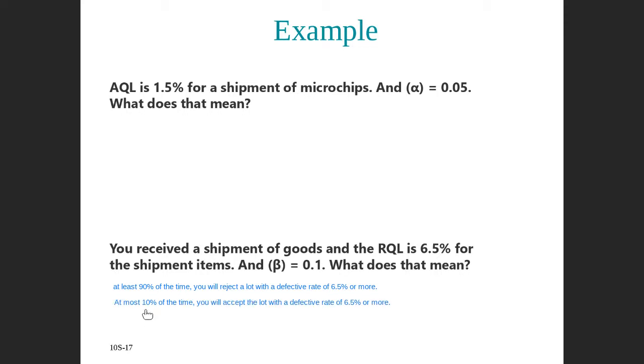That means at most 10% of the time you accept a lot that exceeds the RQL. The RQL, when you set it, is the threshold for rejection. That means if you have reached or exceeded it, you have to reject the lot.